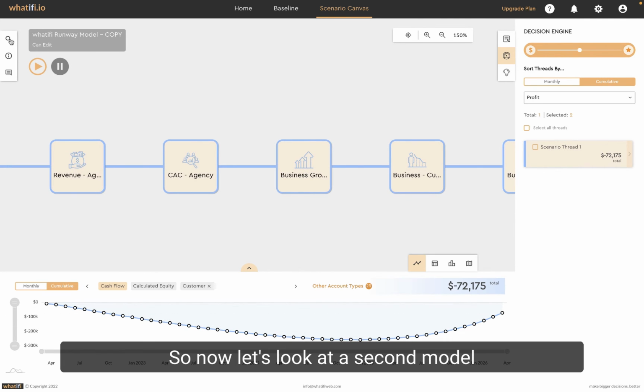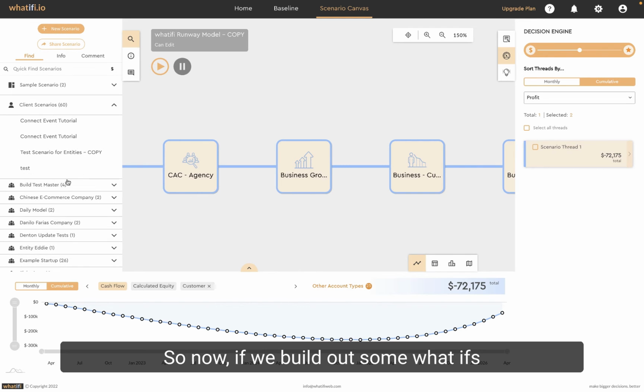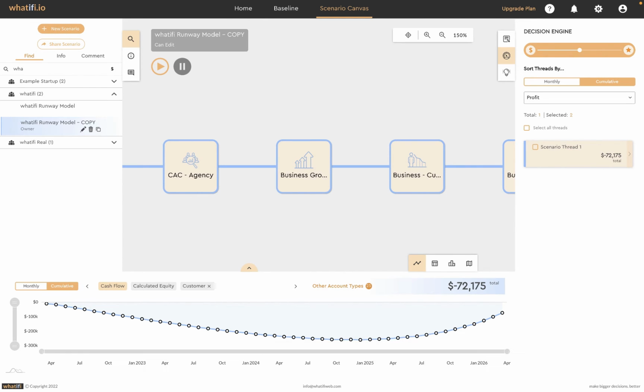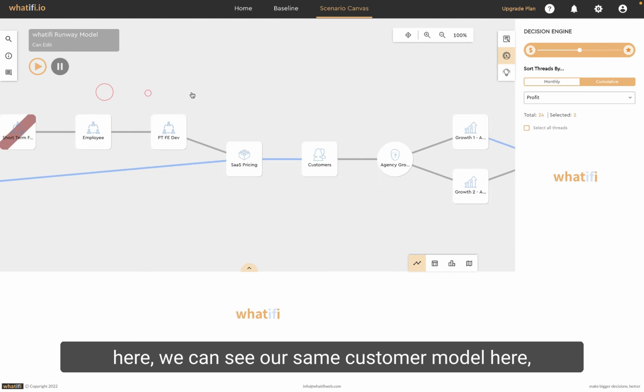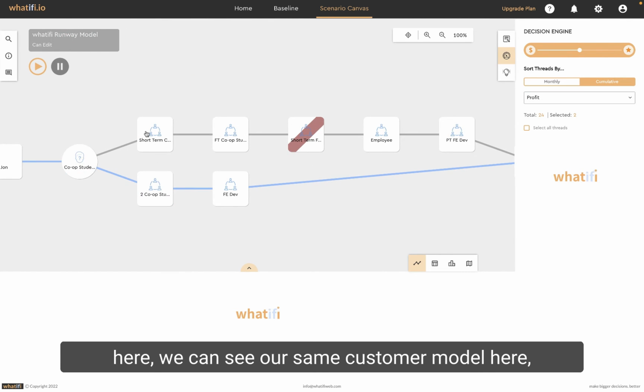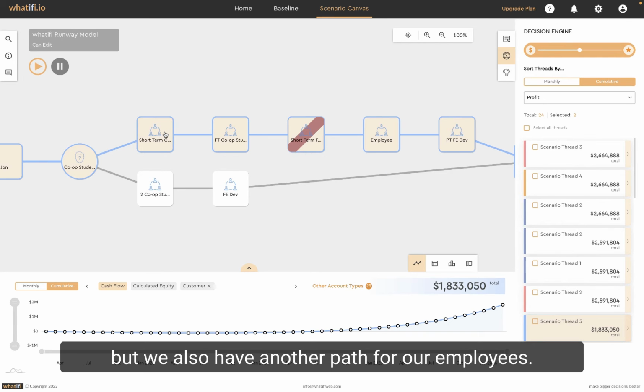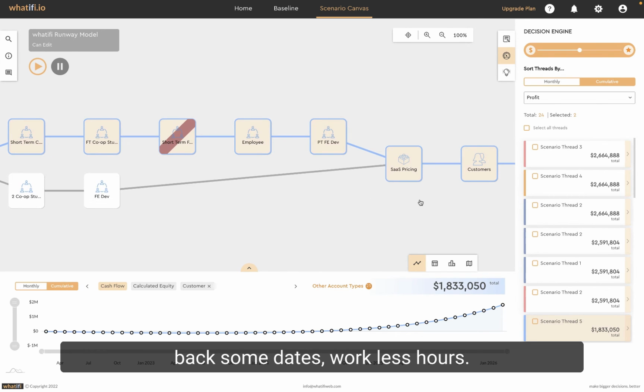So now let's look at a second model here where we look at some what ifs. So now if we build out some what ifs, here we can see our same customer model here, but we also have another path for our employees. Maybe we have some short-term contracts, scale back some dates, work less hours.